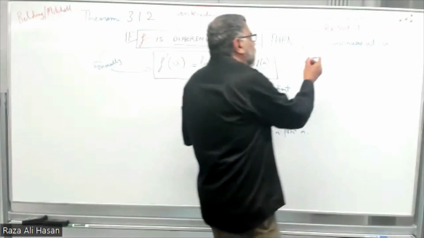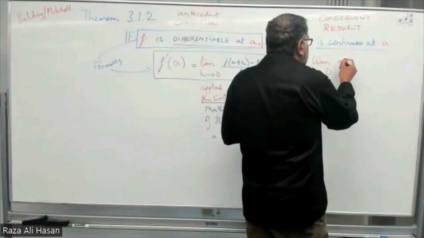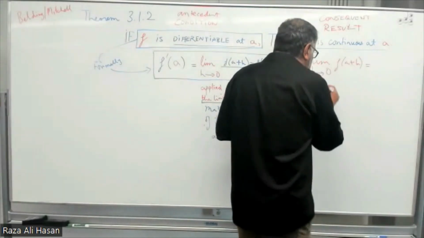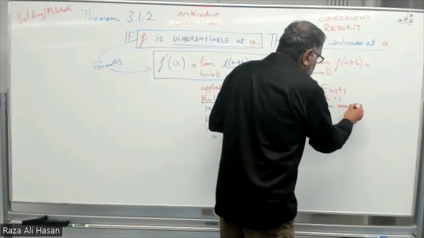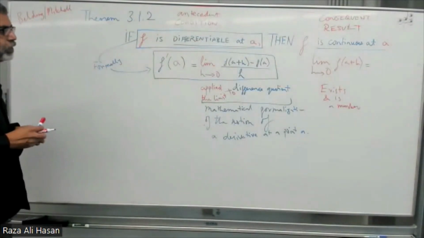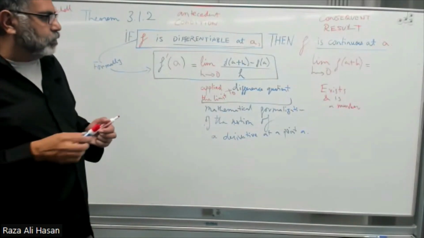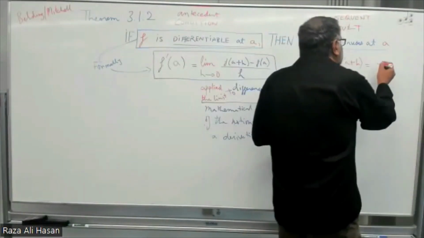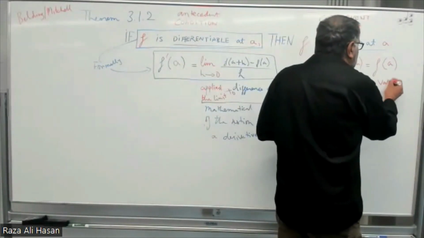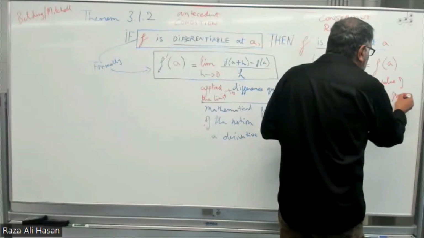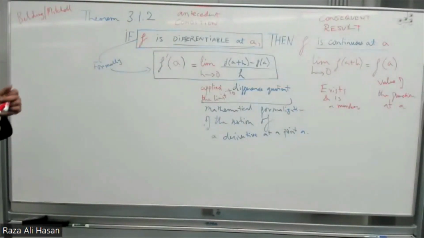The definition for that is if the limit as h goes to 0 of the function f at a plus h exists and is a number, and that number equals the value of the function at a, then the function is continuous.